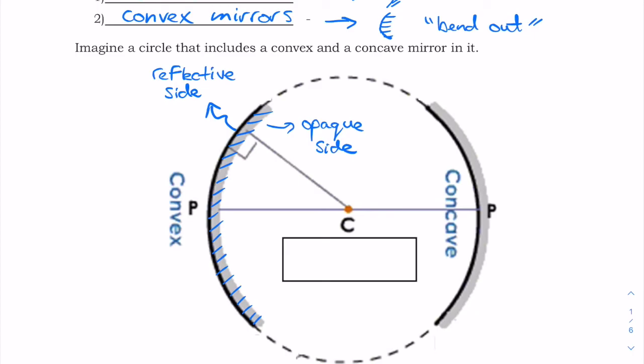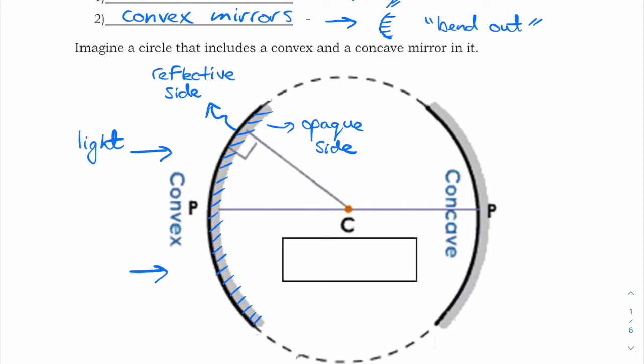For example, if we had light coming in from the left to the right like so, you'll see that the shiny part of the mirror, or the reflective side, bends away from the light, which is what convex mirrors do. And for concave mirrors, we'll take a look on the right side of the image.